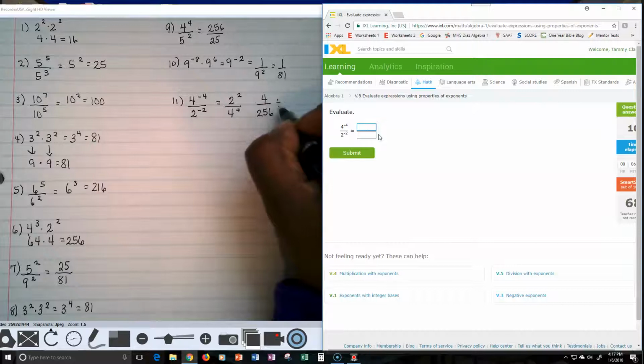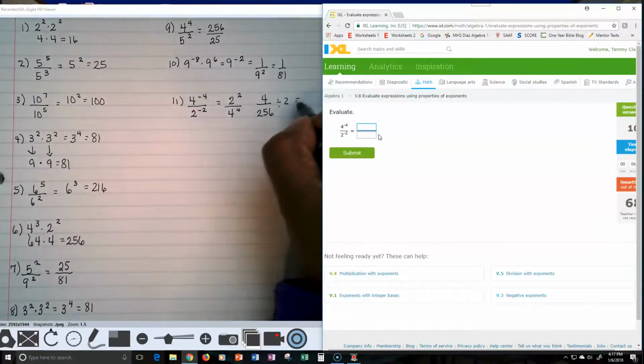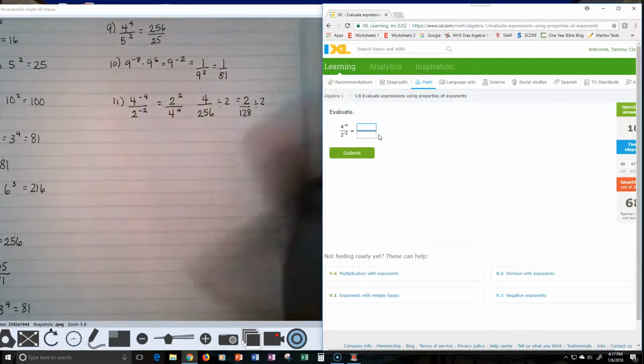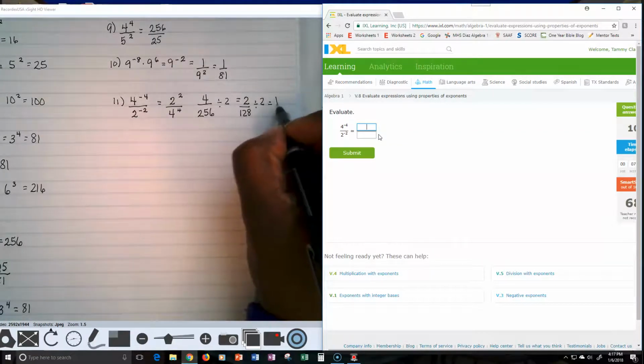Now these are both divisible by 2. So that would be 2 over 128, but that's still divisible by 2. So that would be 1 over 56.